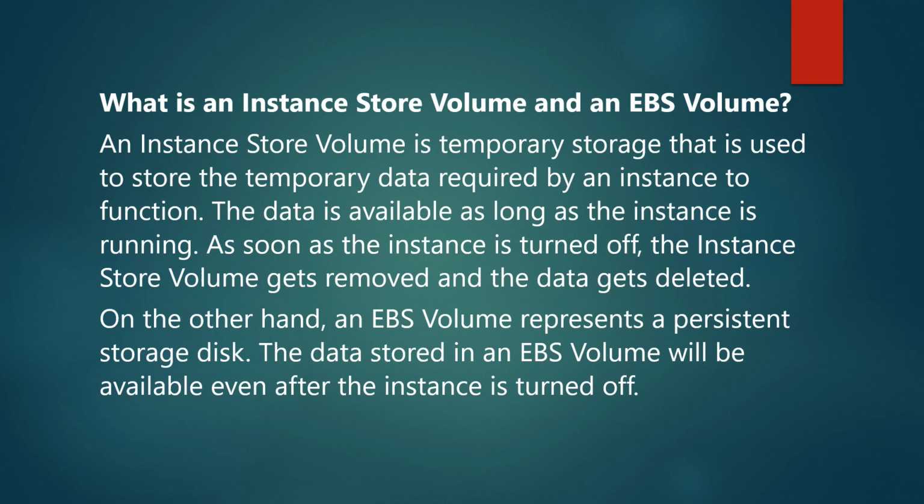As soon as the instance is turned off, the instance store volume gets removed and the data gets deleted. On the other hand, an EBS volume represents a persistent storage disk. The data stored in an EBS volume will be available even after the instance is turned off.